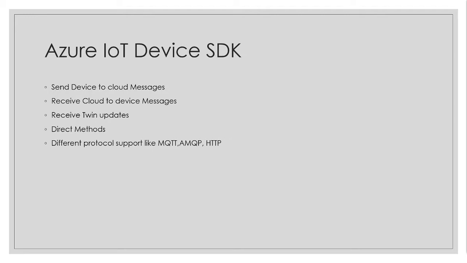These are the methods which are already there on the device itself. So using the cloud portal or from the cloud, we can directly invoke these methods on the device. And the SDK supports different protocols like MQTT, AMQP, and HTTP. We will look at the significance of each protocol at a later point.